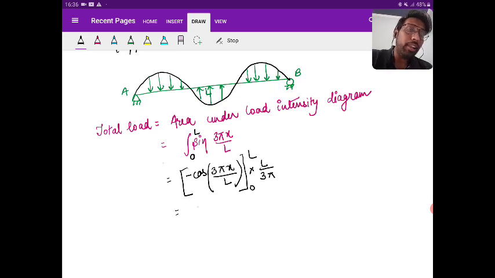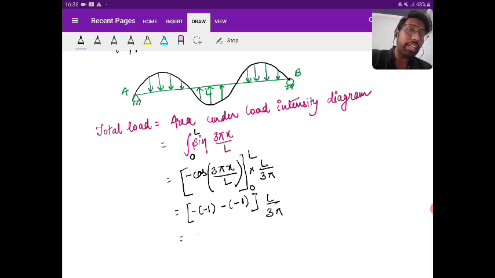If I put L, it becomes minus cos 3 pi, which is taken as minus of minus 1. Minus cos 0 is minus of cos 0, which again gives minus 1, times L by 3 pi.